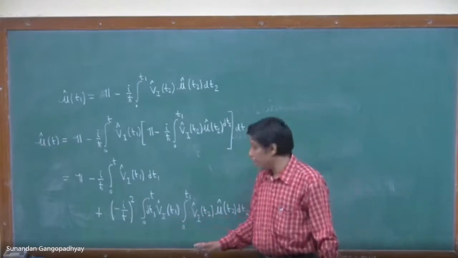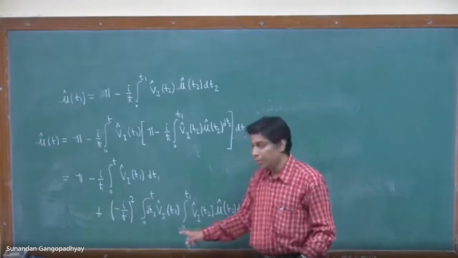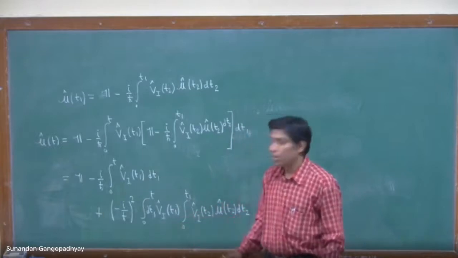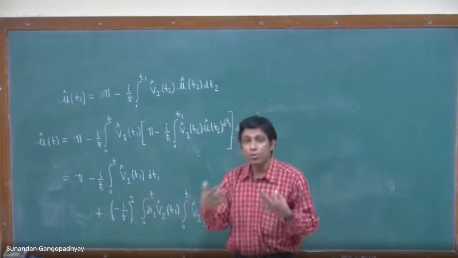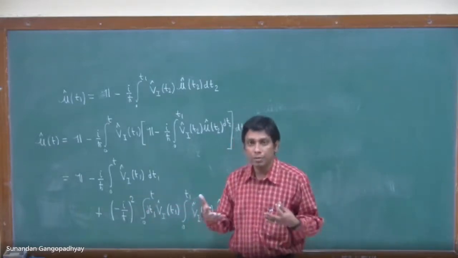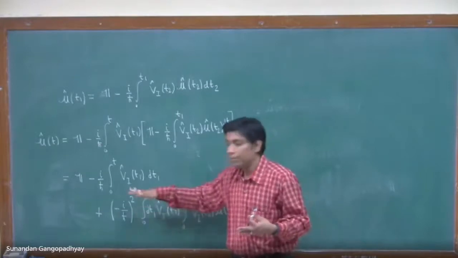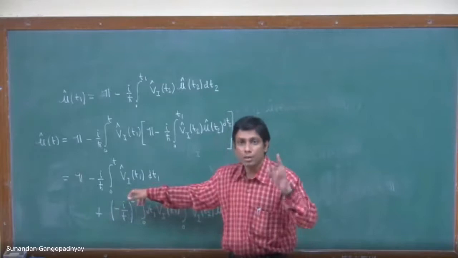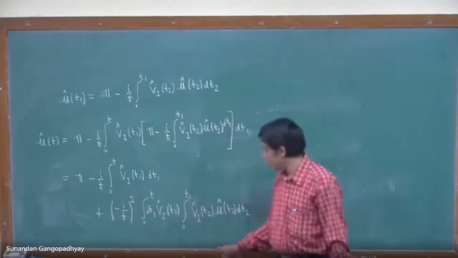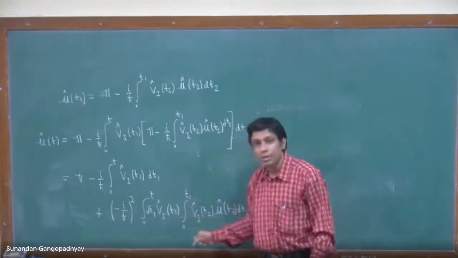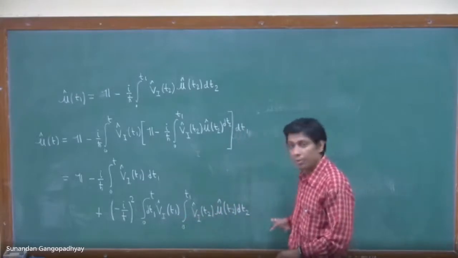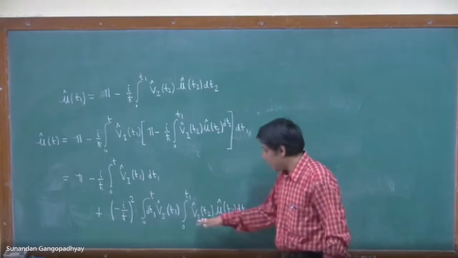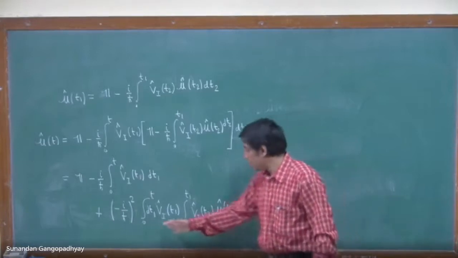By second order in perturbation, I mean that you keep two terms involving V. First order in perturbation, if you treat V as a perturbation, your V is the perturbation, means the term involving only a single V. Second order means the term involving two V's, third order the term involving three V's, and so on. So if you want to truncate your series at second order in perturbation, you just keep only this term.